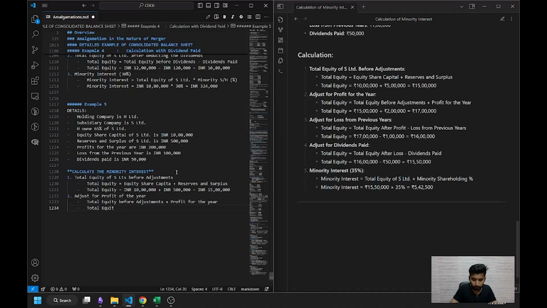Total equity equals INR 15 lakhs plus INR 2 lakhs, that is equal to INR 17 lakhs.